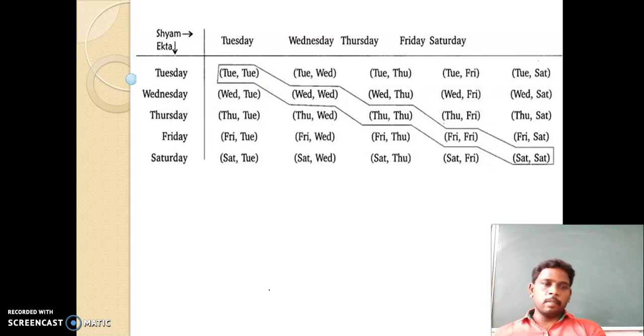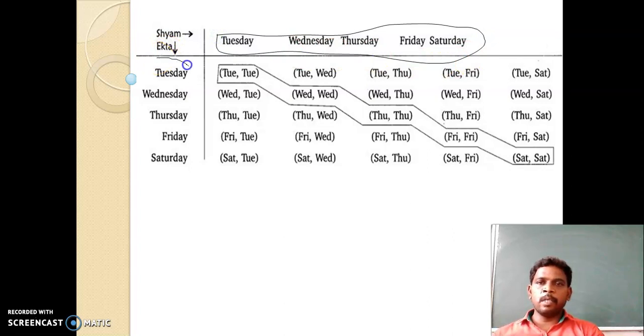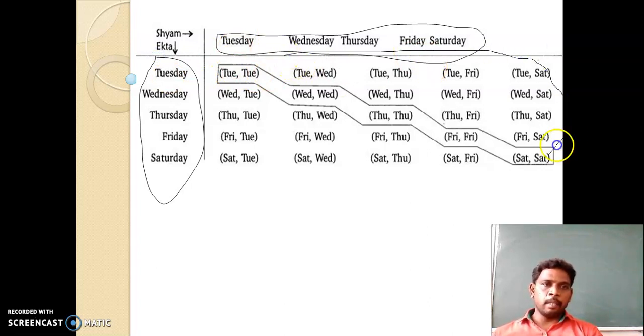Okay, we are going to find out the probability of these cases only. So look at the solution now. So this is your sample space. Okay, so here there are 5 days. Shyam is going to the shop on 5 days, and similarly Ekta also. So totally 5 into 5 equals 25 possible chances are here.